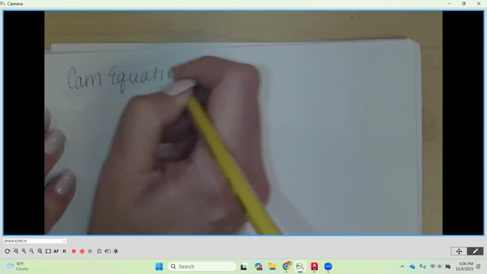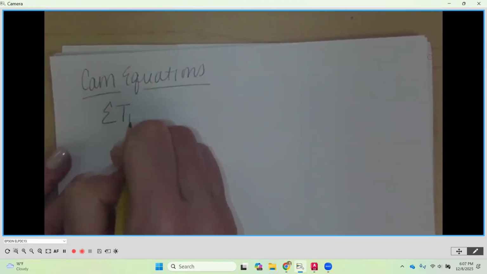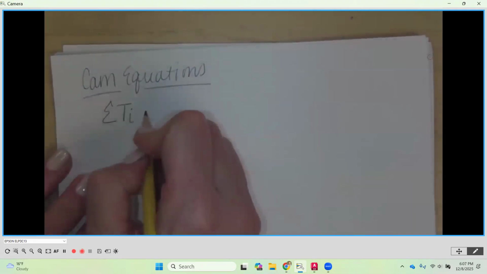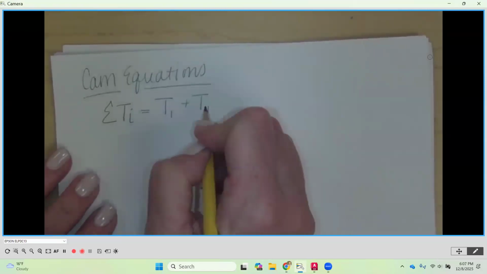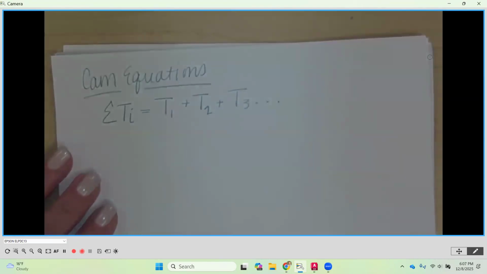All right. So this is going to be CAM equations. And honestly, there really aren't many, just those couple. But it's good to organize them and make sure we've got them all in one spot. So total time, capital T sub I, is simply going to equal the individual times of the different segments of motion.